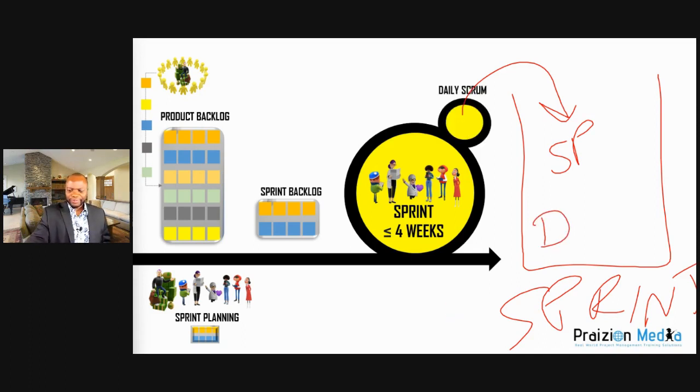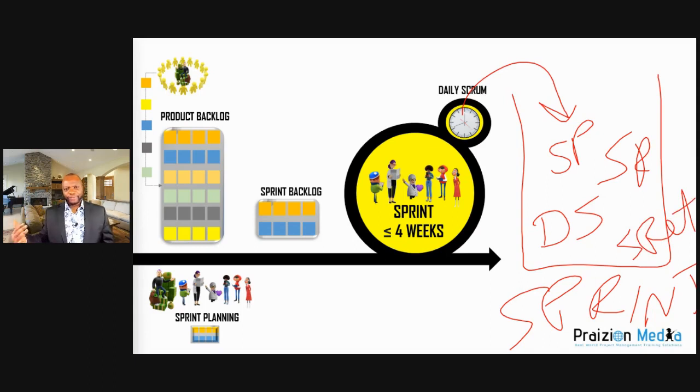And the daily Scrum is a daily event. Duh, it says daily. It's funny because some people say, well, we have a daily Scrum weekly. No, that's not a daily Scrum. Yeah, that's not Scrum, right? So it's daily. We also have what we call a sprint review and a sprint retrospective. And that's all the 5 of them.